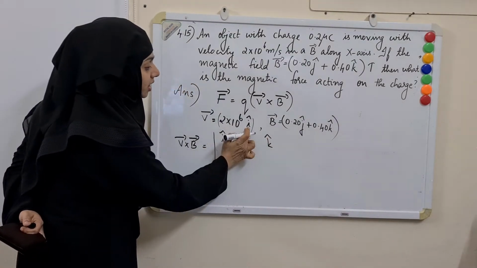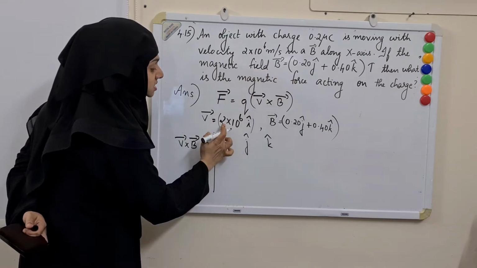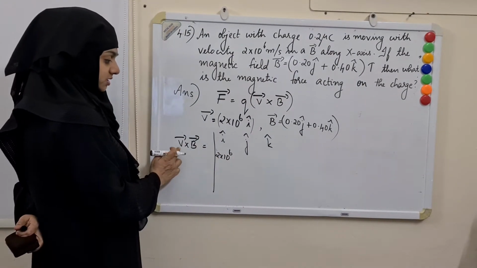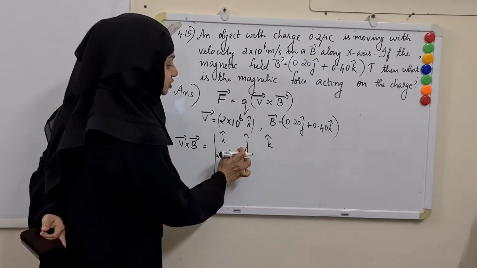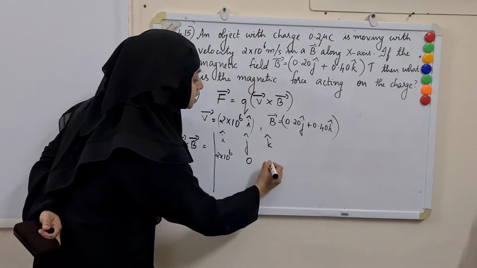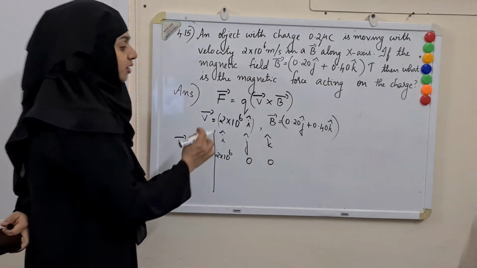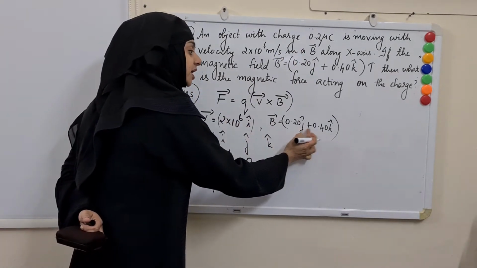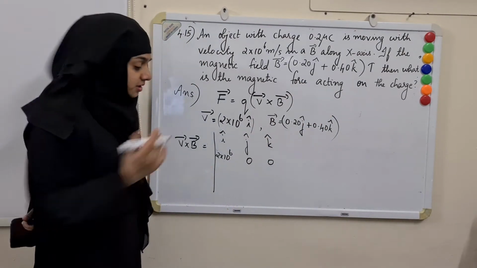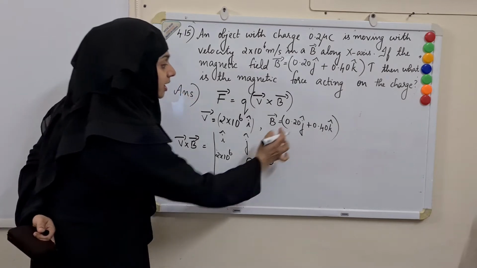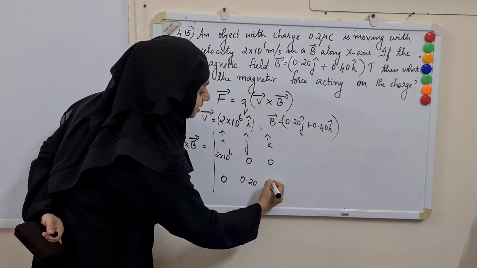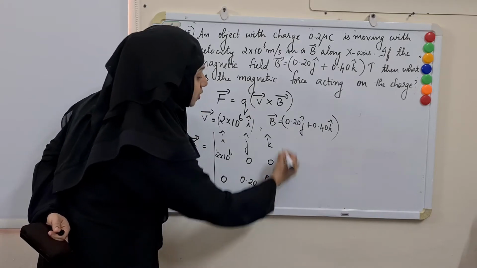You have along i, that is the x-axis, 2 × 10^6 velocity. And then in the j direction and k direction, there is no value, so I'll put here 0, 0. Now B is in the j and k direction. In the i direction, there is nothing, so I'll put here 0. And in this direction, I have 0.20 and here 0.40.